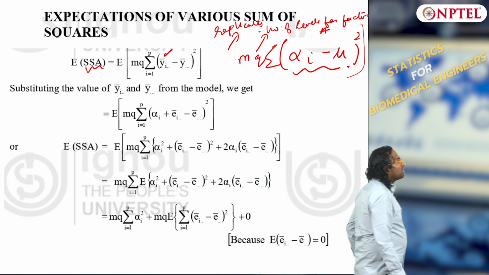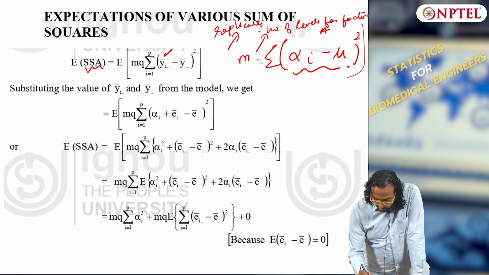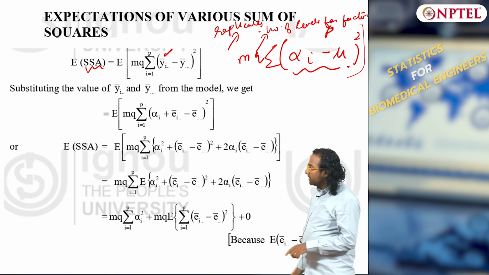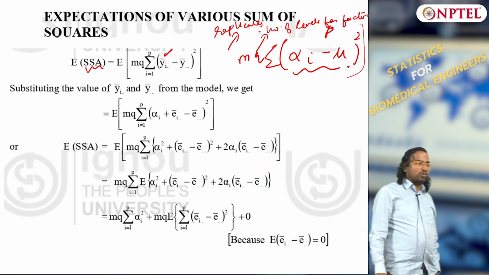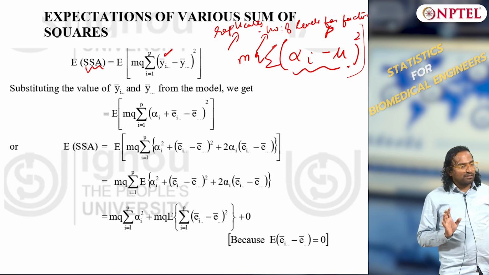Because for every factor of A you are looking at, yeah, MQ times summation of alpha I minus mu the whole squared, this is your sum squared A, okay.